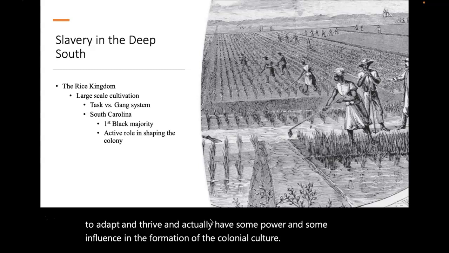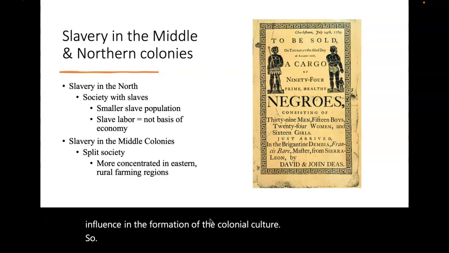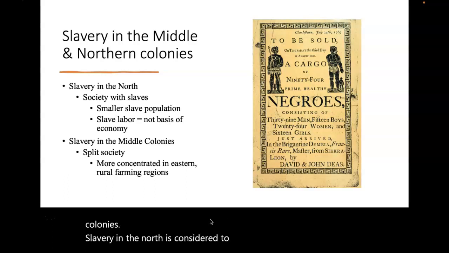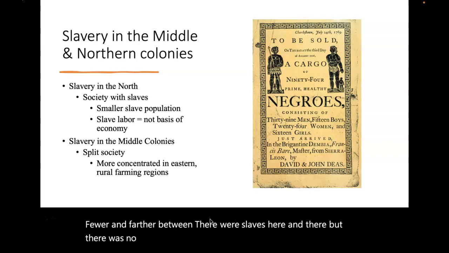So next we're going to look at slavery in the middle and northern colonies. Slavery in the North is considered to be fewer and farther between. There were slaves here and there, but there was no large-scale plantation cultivation like we see in the South.